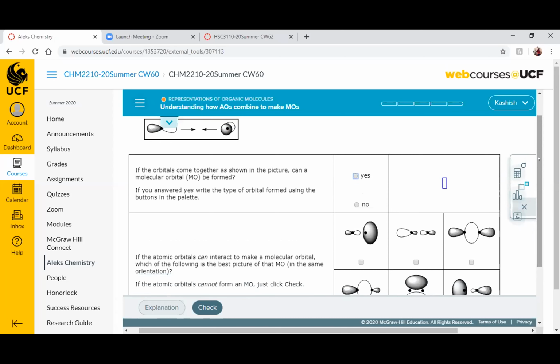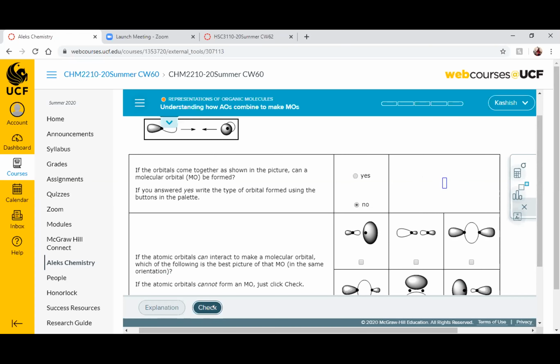I don't really like this, because it's sort of stopping you before you go on. But let's just start with this. These two orbitals are not in line with each other, so they can't really form a molecular orbital because there are no nodes next to each other, right? So if you click no, then that should be the end of this question, right?